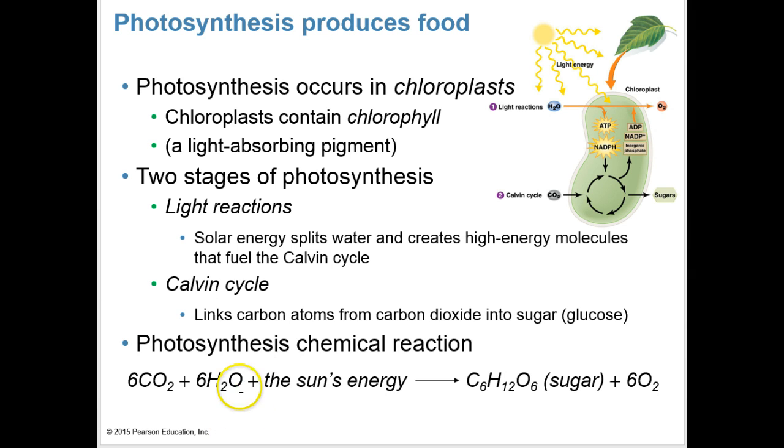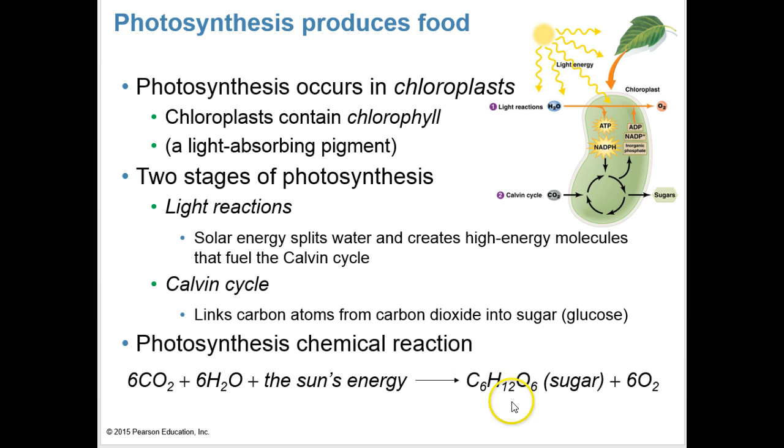Here we see the photosynthesis chemical reaction, and this is a balanced reaction. 6 molecules of carbon dioxide react with 6 molecules of water, add in the sun's energy. Remember, this is taking place in a chloroplast.